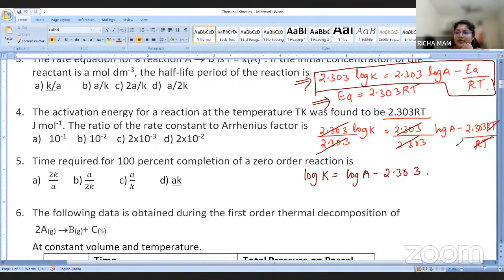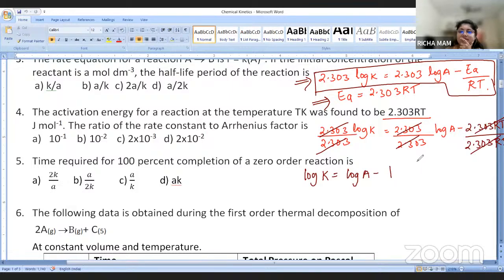Again, here also we are going to cancel the 2.303. Wherever 2.303 is there, we have to multiply by 2.303 RT, so this and this will also get cancelled. So we are going to get minus 1.